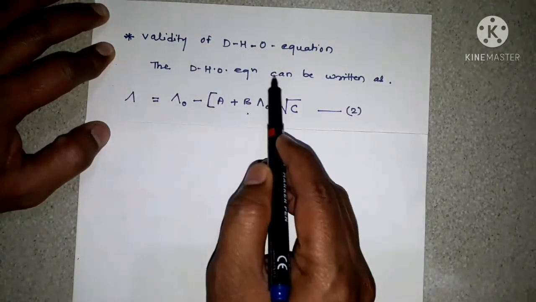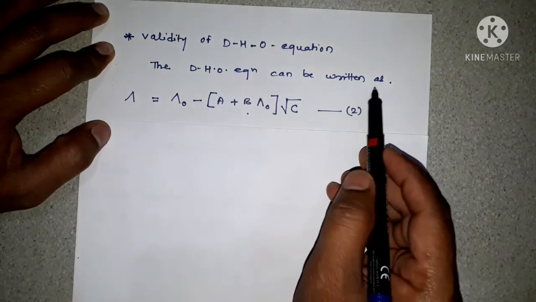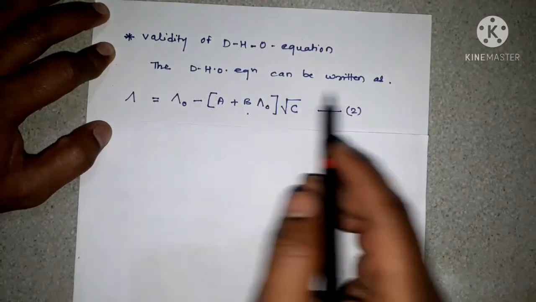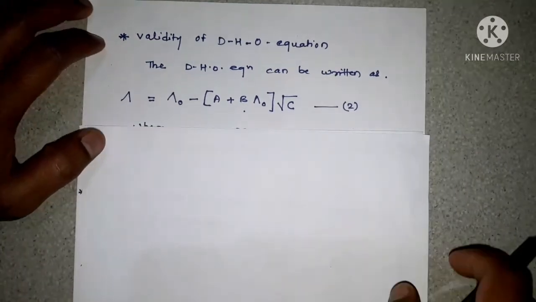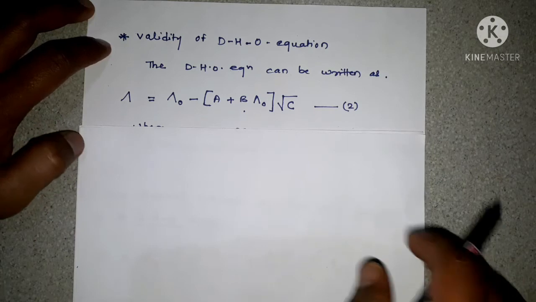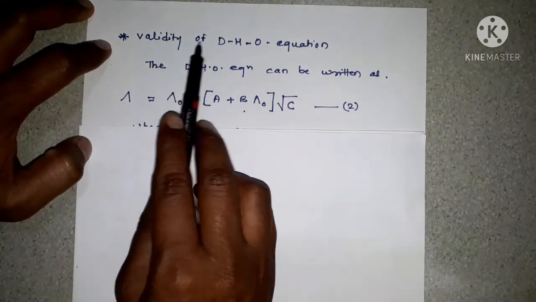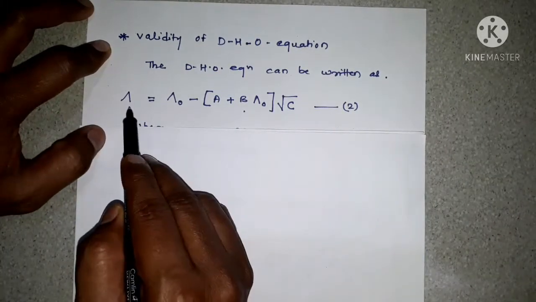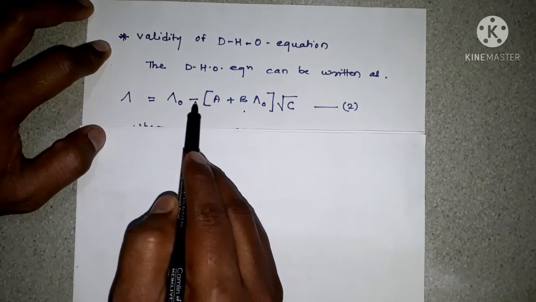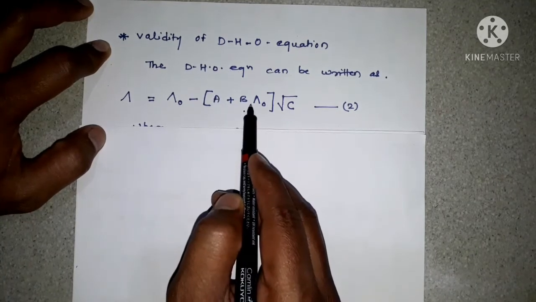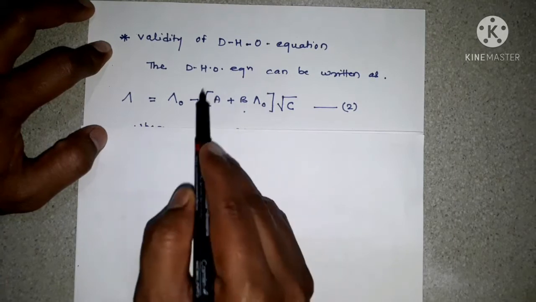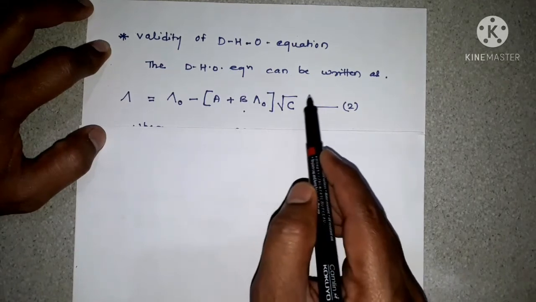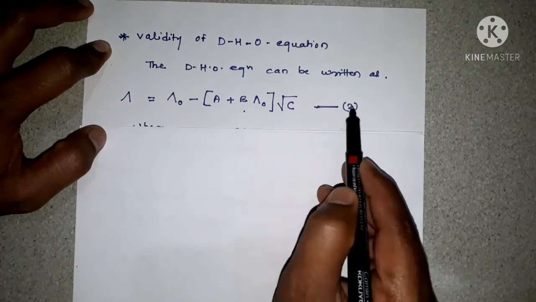The Debye-Hückel-Onsager equation can be written as, so this is the advanced part, that means the first equation is modified. The Debye-Hückel-Onsager equation is modified in the validity of the DHO equation, and that equation is like this: cap is equal to cap 0 minus (A plus B cap 0) into under root c, that is equation number 2.